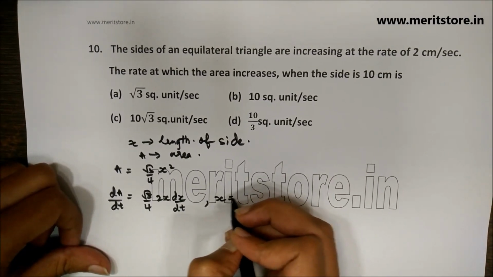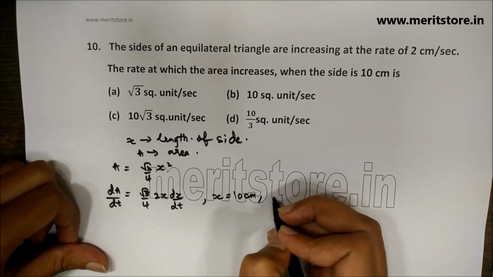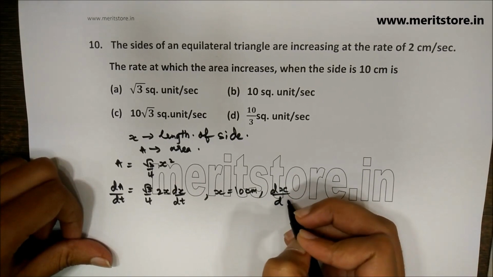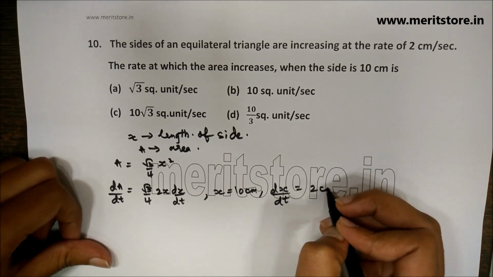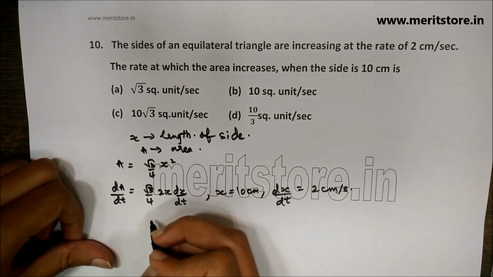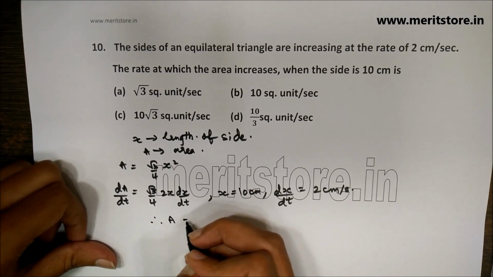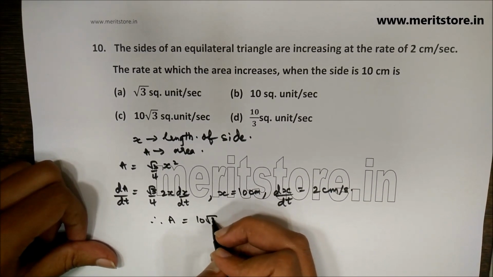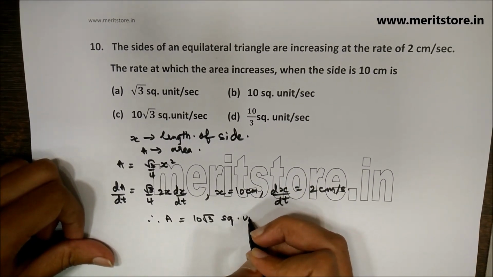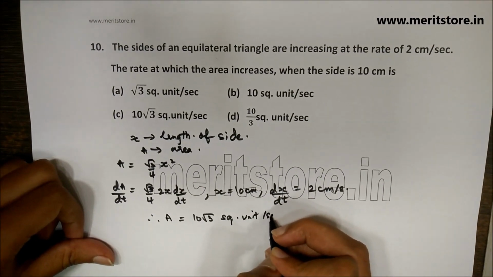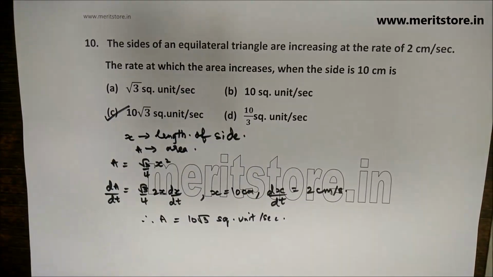Here x is equal to 10 centimeter and dx by dt, the rate of change of side, is equal to 2 centimeter per second. Therefore, the rate of change of area of equilateral triangle is equal to 10 root 3 square unit per second. So option C is the correct option.